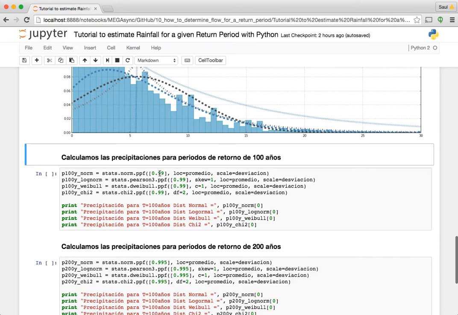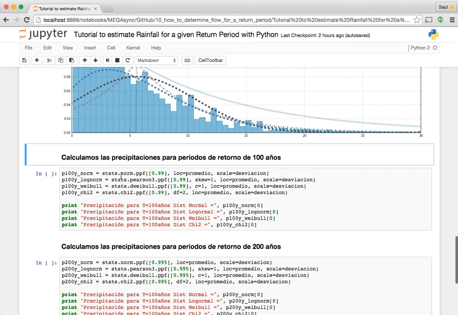So the cumulative probability, or the interval of confidence, is 1 minus 1 divided by 100, that is 0.99. Okay, so here we have the commands that do the normal distribution, that give the event for this accumulated precipitation.